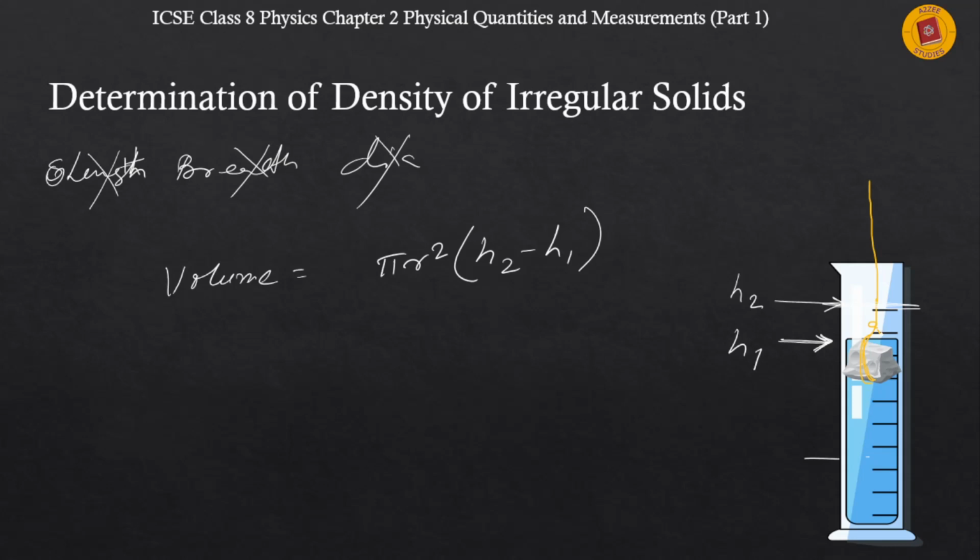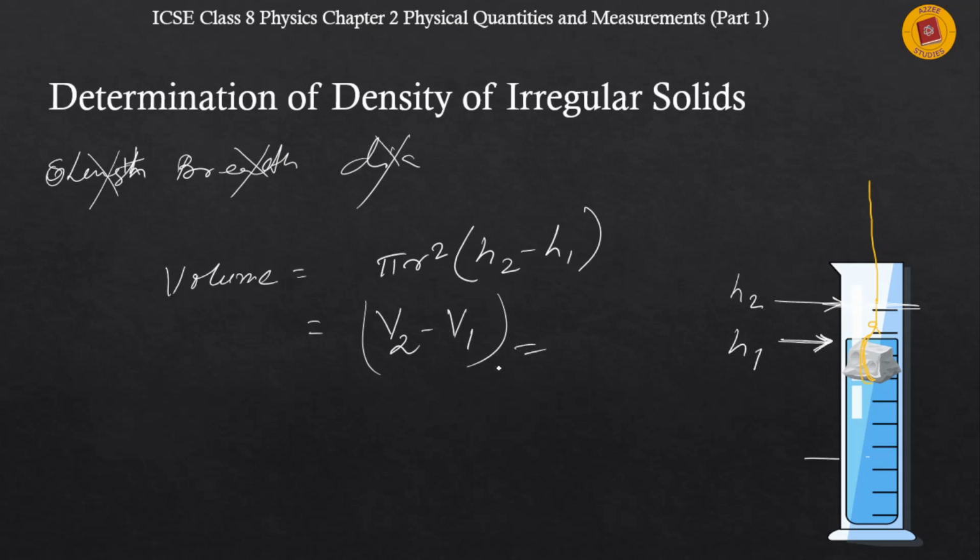or the volume might be readily given. The calibration may already be given in volume itself, in liters. If the volume calibration is given in volume directly, then volume is equal to V2 minus V1.